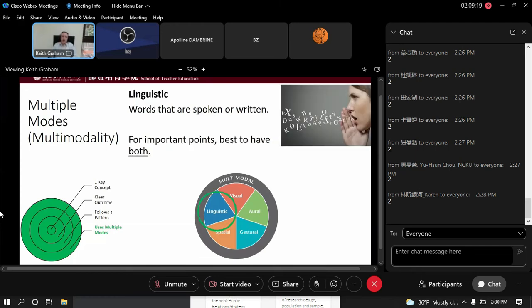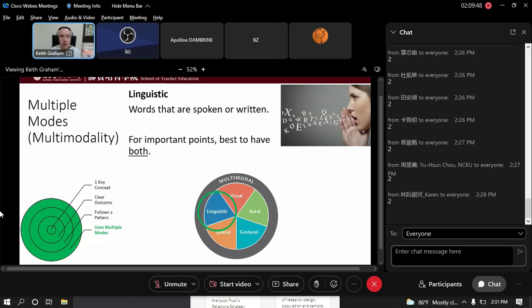And so I want to go through each one of these modes individually. As I said, linguistic has to do with language. It's either about spoken words or written words. And today's presentation has a lot of that. Oftentimes, for important points, it's best to have both. So obviously not every word that I'm saying to you today is on my PowerPoint.